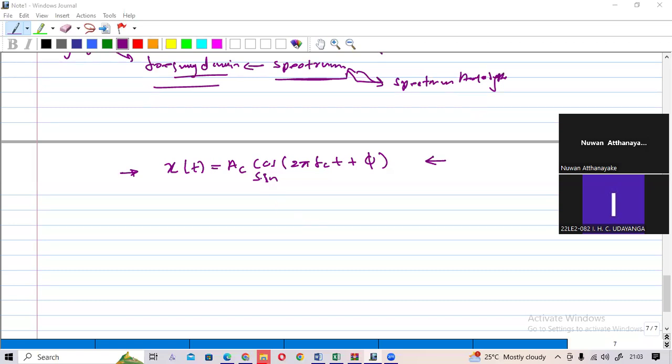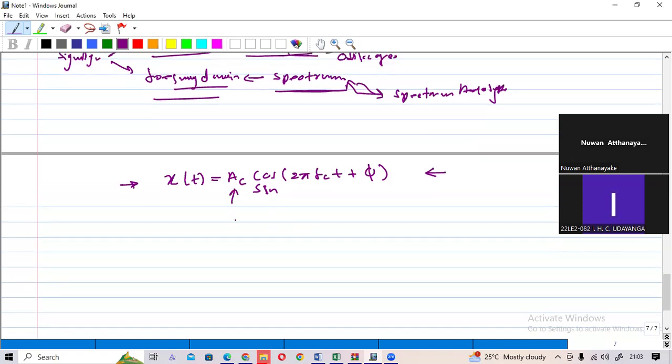So this can also be sine. This A_c, maybe you can remember that here there is no A_c. Here it is just A. This is the amplitude, and there is no need to write f_c.